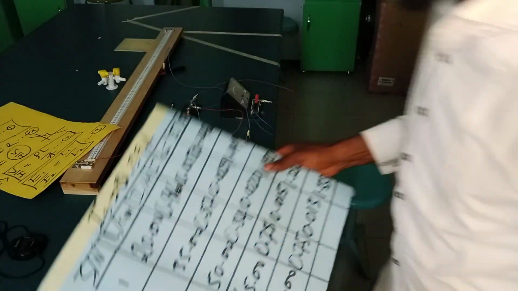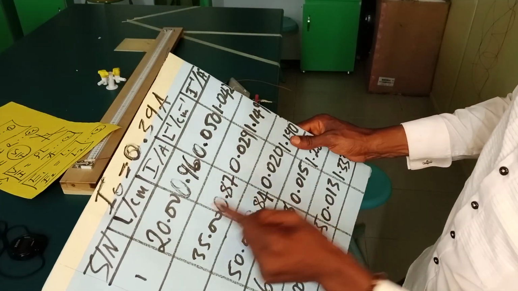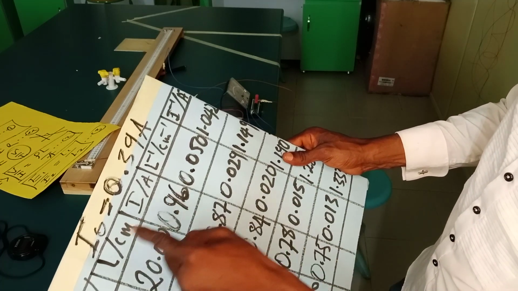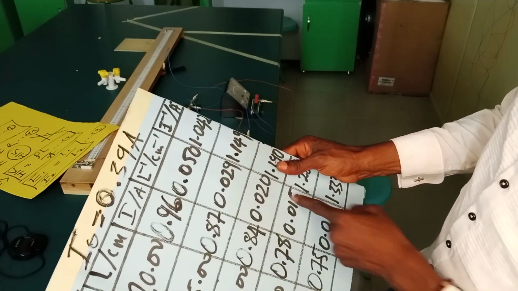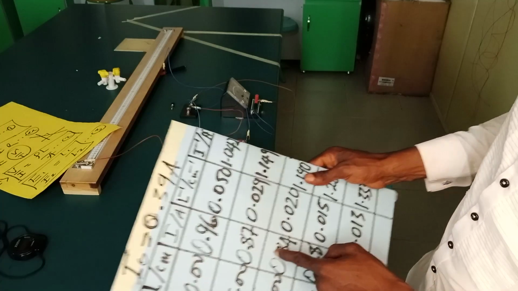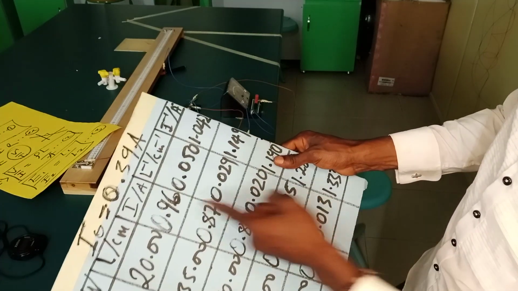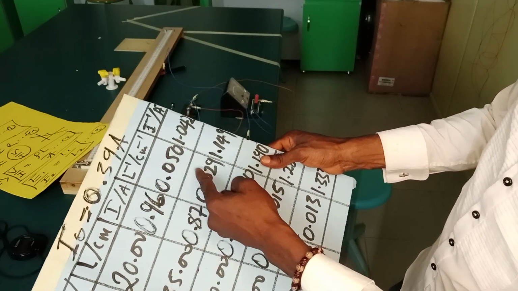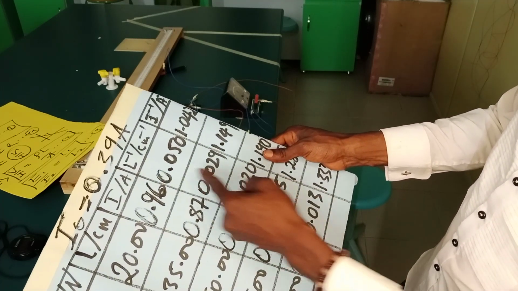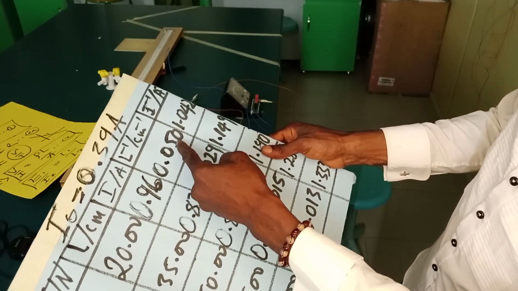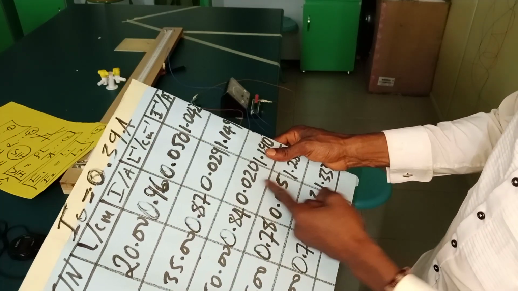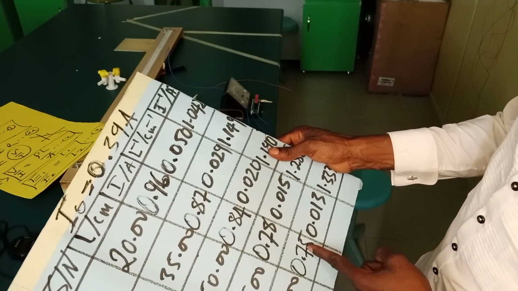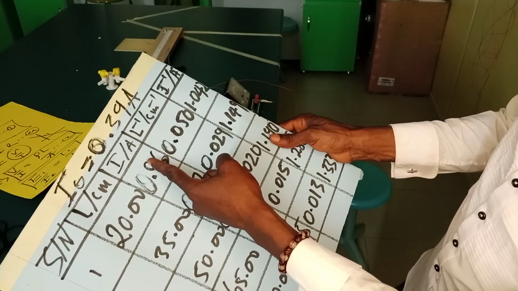Now, we have another graph. The graph of L inverse against I. What do you have here? You have decrease, you have increase. 0.05, this is decrease. This is decrease. You have decrease, decrease, down. Increase, increase, up.